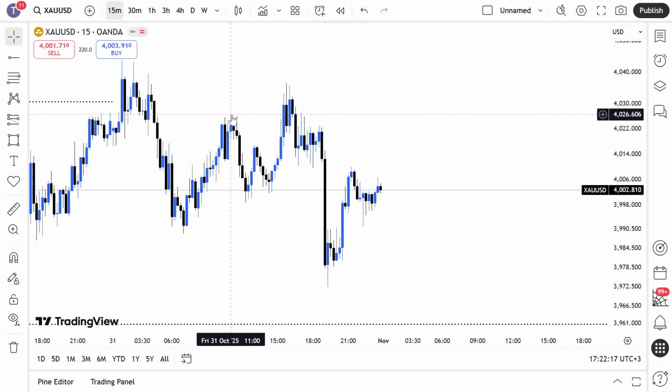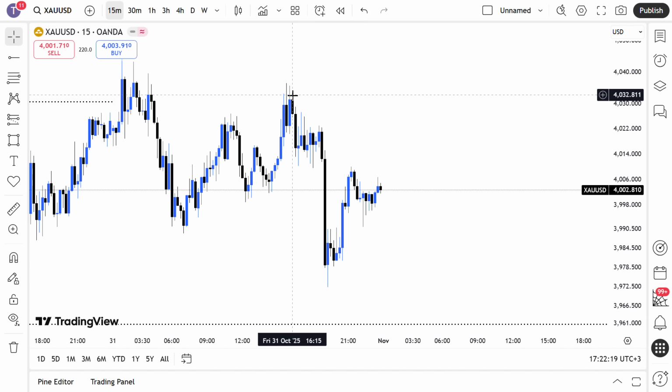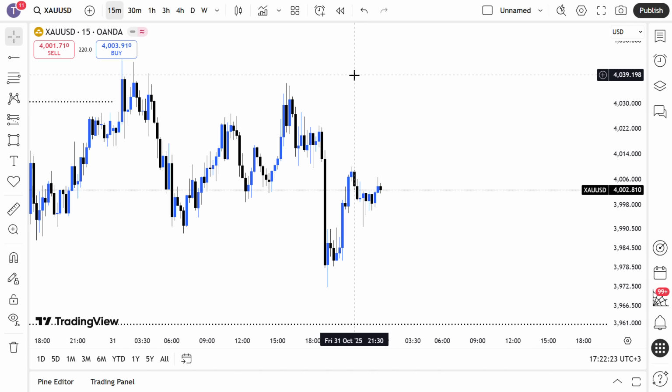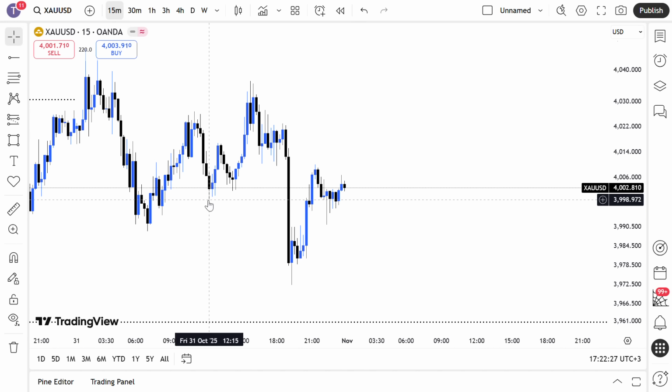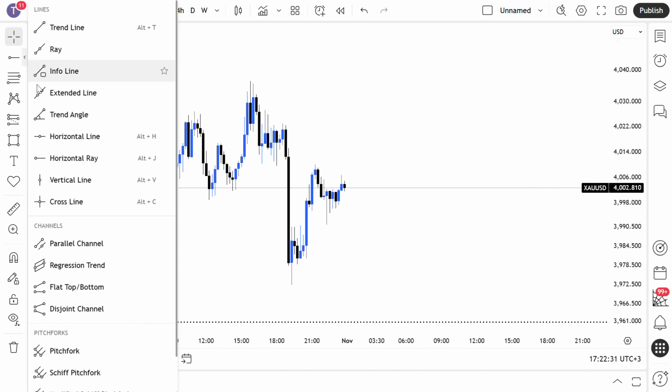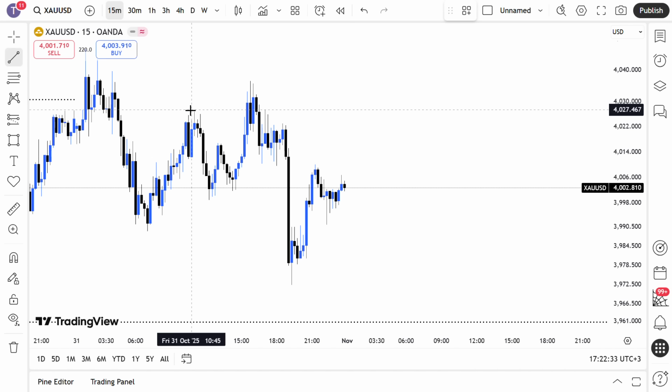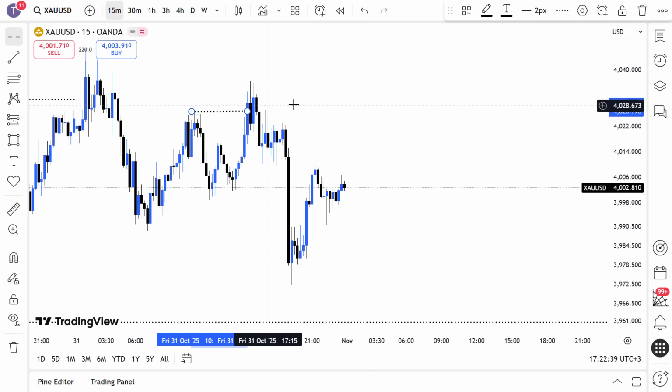So this is an internal break of structure to the upside, and the market failed to come lower and react from these lows to the upside. So because the market failed to do that and instead the market cleared this low, we have a change of character to the downside. The market will always do these internal structures to confuse very many traders.